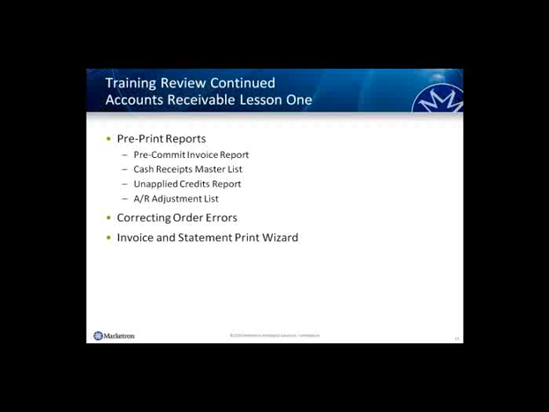The preprint reports that we need to pull, including pre-commit invoice report, cash receipts master list, unapplied credits report, the AR adjustment list. We also showed you how to correct order errors based on the errors we found when printing our reports. And then we walked you through the invoice and statement print wizard.